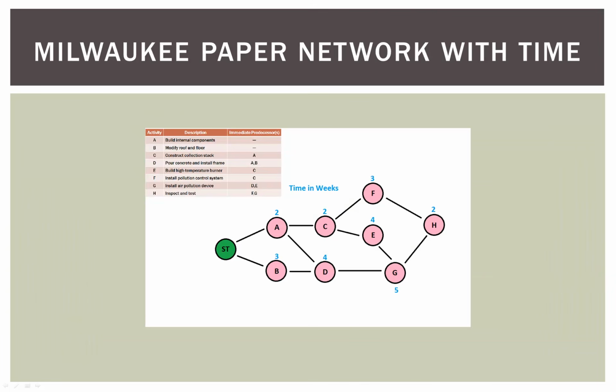This graphic is simply the times from our previous slide drawn into the actual diagram. So you can see right off the bat, I'm not going to go into this in depth, that if we send part of our team to activity A and part of our team to activity B at first, because we can start both, there's no reason we can't do that. Activity A is going to be completed in 2 weeks, but activity B is going to be completed in 3.